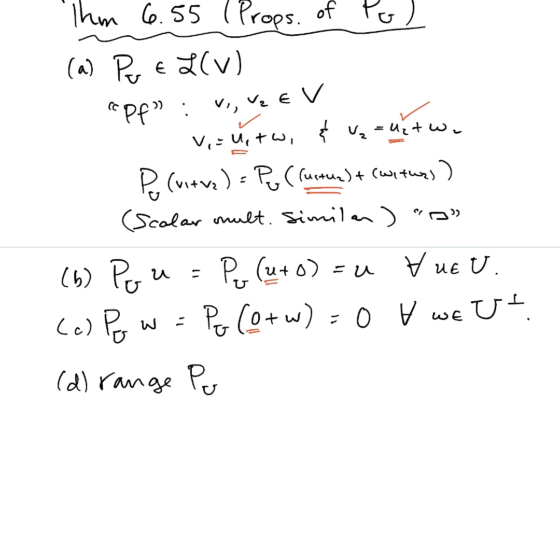If you're already in U, then you're definitely the projection of something, namely yourself. So that says any member of the subspace U is in the range. And that, in words, is subset both directions. The range of P_U is U.